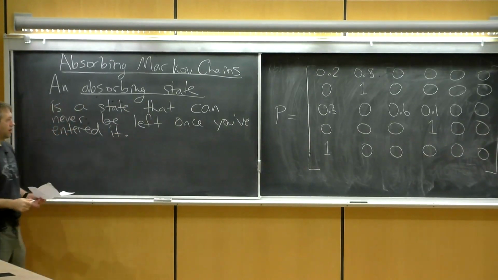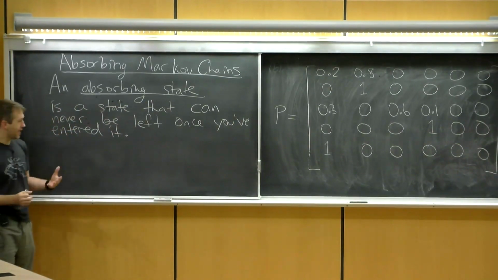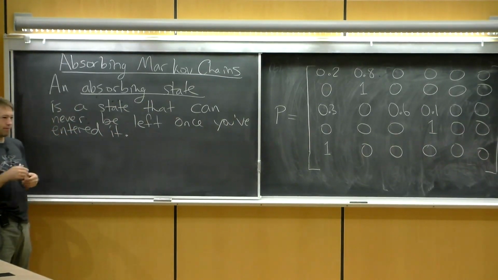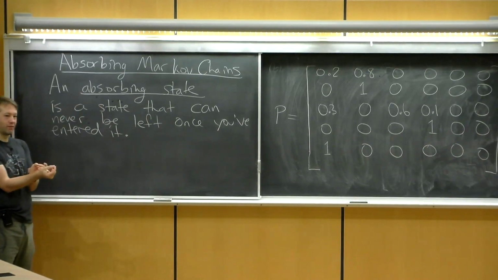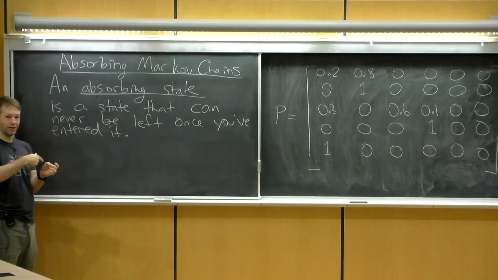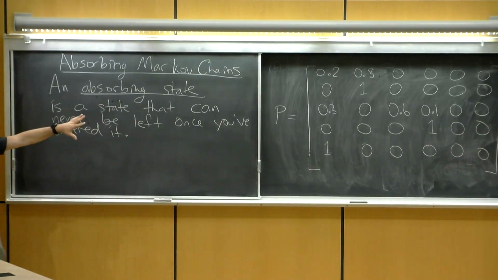In other words, you have a state where if the process ever reaches that state, it'll just get stuck there forever. We'll see an example of that in this matrix here.